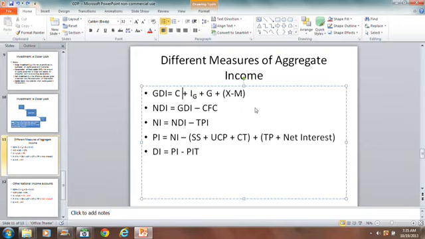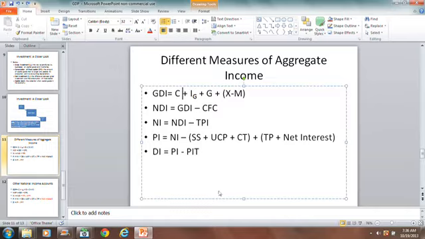Now there are 5 measures you want to look at. GDI, which is the sum of all income, and then there's a measure called net domestic income, NDI. There's another measure of income called national income, NI, and there's a measure of income called personal income, PI. And then the purest measure of income is called disposable income, and we use the symbol DI for that.